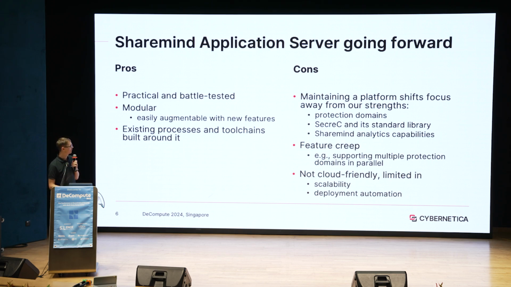And also, since ShareMind MPC has an academic background, there are some funny features that look really cool on paper. For example, I introduced the concept of protection domains. But what is maybe not apparent is that you can actually use several protection domains in parallel in the same program.